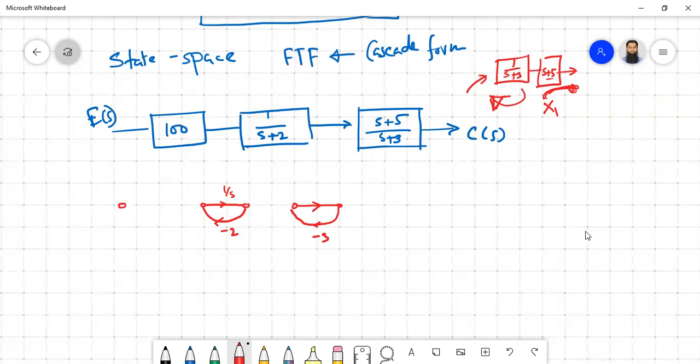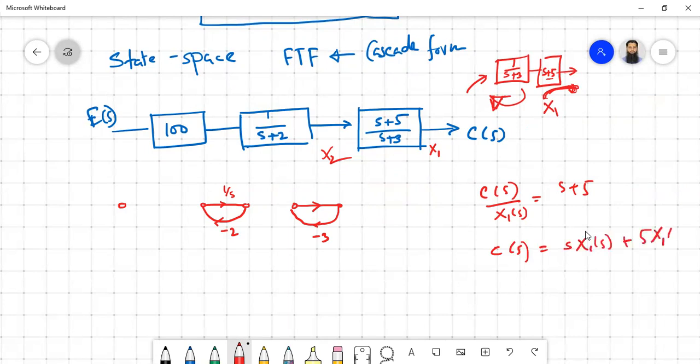Very simple idea. As you can see, this is your x1, this is your x2. So C(s) by X1(s) is equal to s plus 5. So C(s) will be simply s times X1(s) plus 5X1(s).